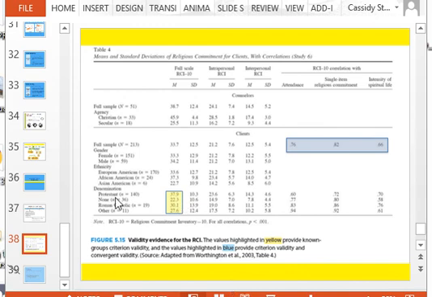But if you are affiliated with a religion, a Protestant scored 38, Roman Catholic scored 30, and other religions scored 27.6. All of the people who identify as religious also score higher on this religiosity scale. So this would be criterion validity for the known groups.